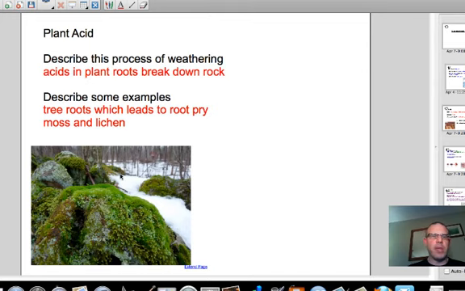But one really good example that you can see a lot in our area is moss or lichen. Sometimes you peel moss off of a rock, and what do you find underneath? It's almost like sand or little teeny pieces of rock. So in this particular picture, you can see there's a lot of moss, and in the back, that kind of green stuff is a type of lichen that you may find on rocks also.